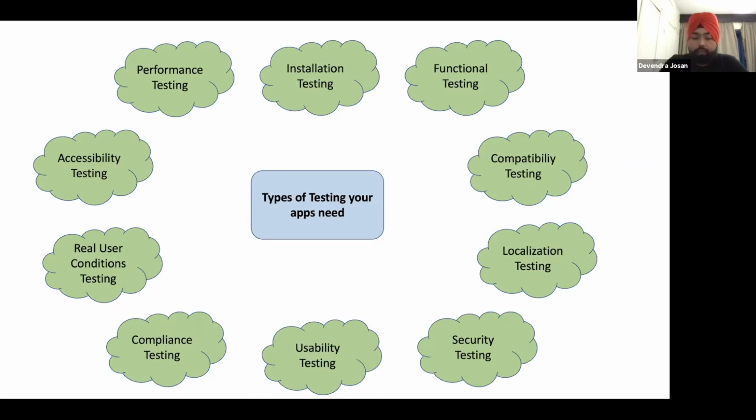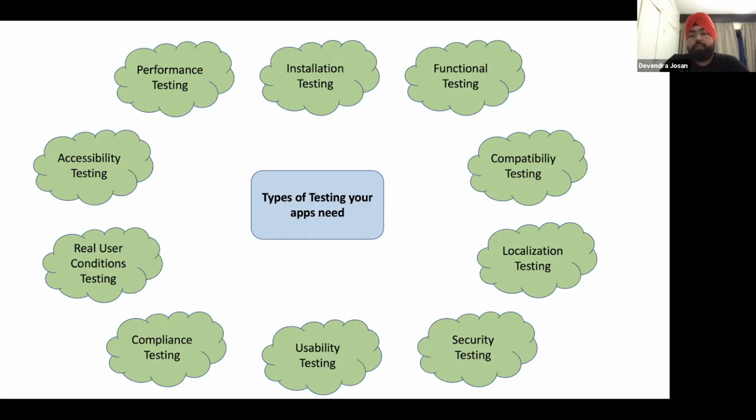You need to be sure about the installation of your application, whether the behavior is smooth, whether it is getting installed correctly or not, and whether any updates that happen work perfectly fine with your application. This is the first and foremost. I think in a lot of teams, sometimes we skip this important testing type because we usually start from functional testing.